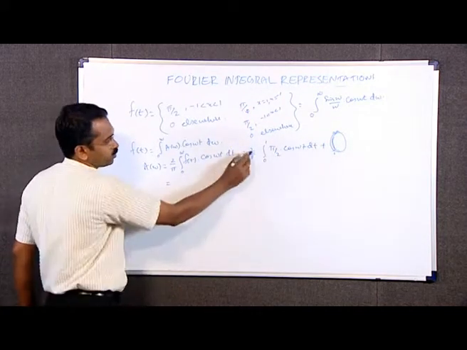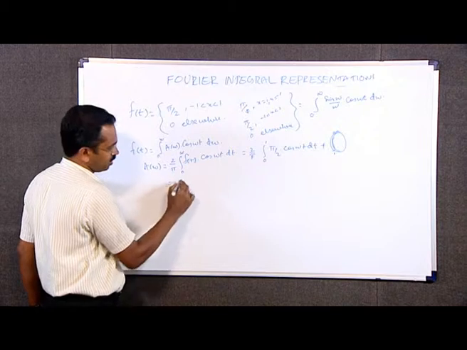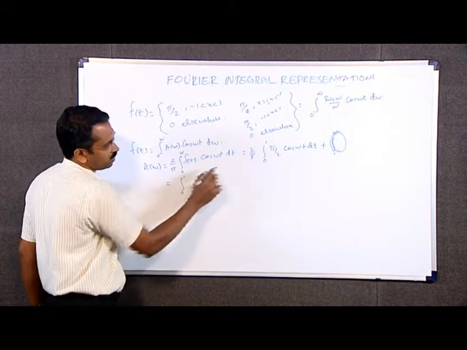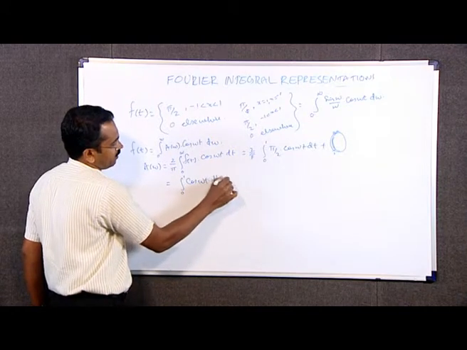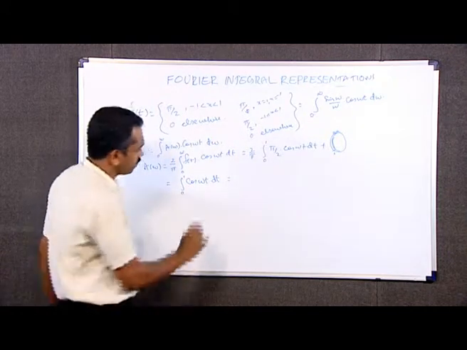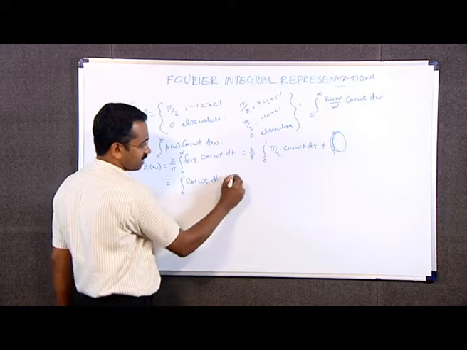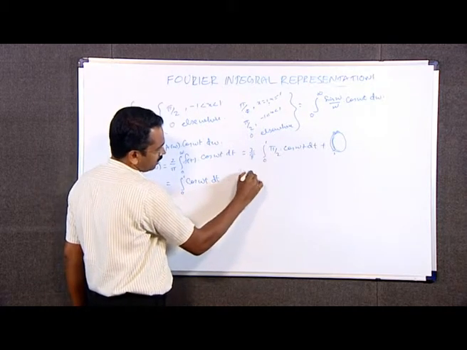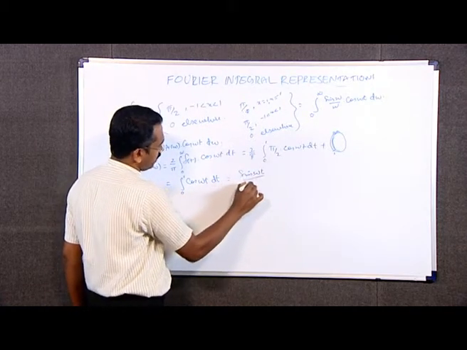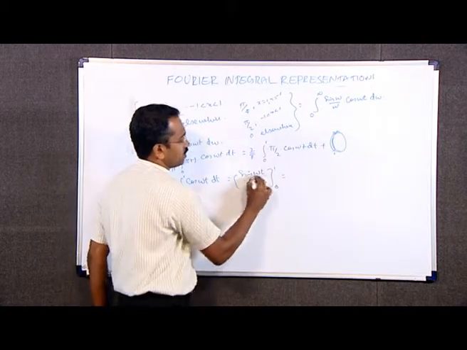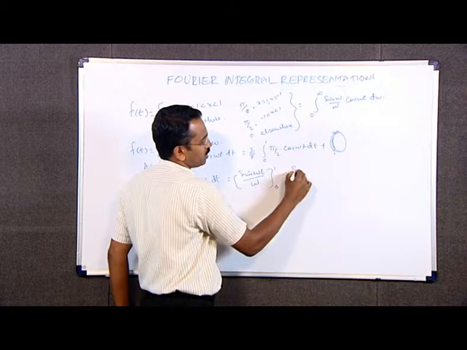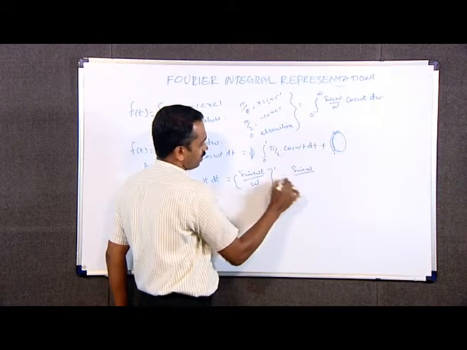This is equal to 2 by pi into pi by 2, which means 1, integral from 0 to 1 cos omega t dt. The integral of cos omega t dt is sin omega t divided by omega between the limits 0 and 1, that is sin omega into 1, that is sin omega divided by omega.